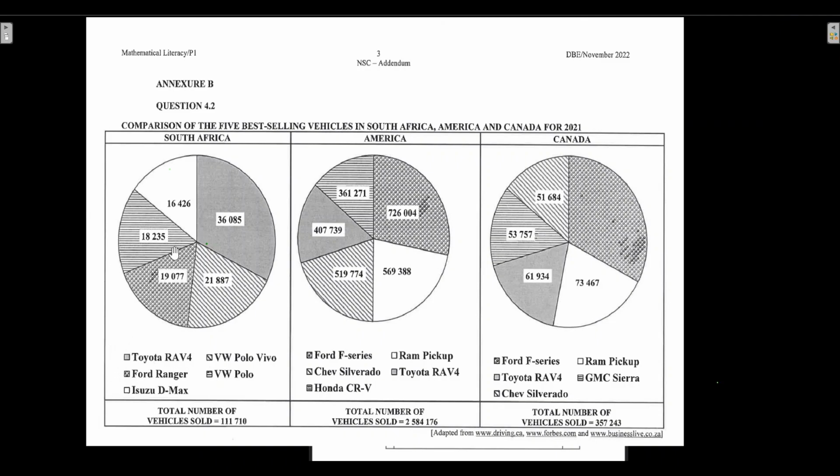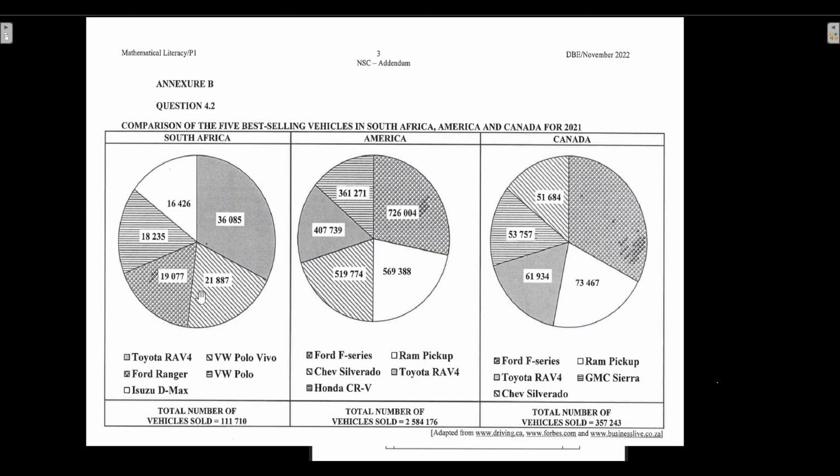We see that the white region tells us about the Isuzu D-Max. Then the gray region tells us about the Toyota RAV4s, right? The vertically striped regions tell us about the VW Polo Vivo.